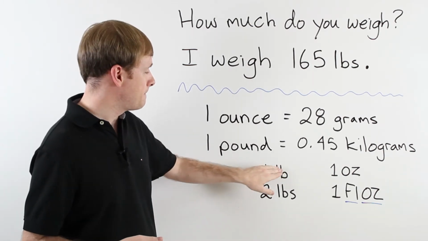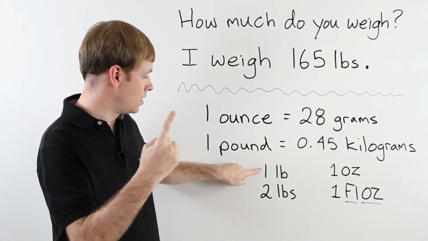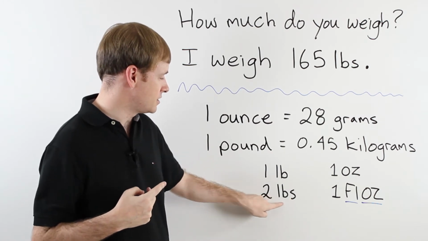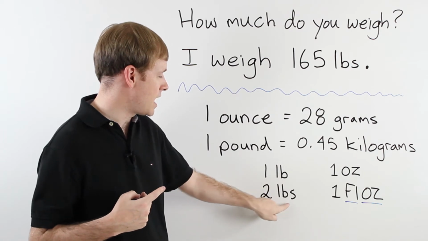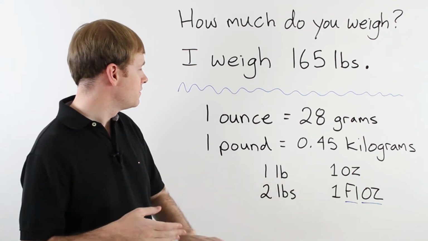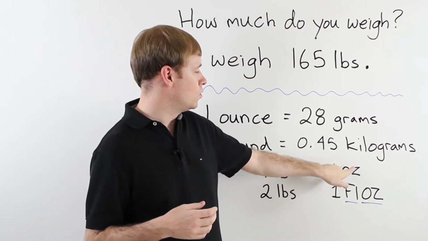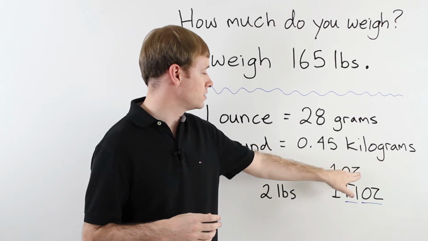So 1 pound. 2, okay, this is single, 1. Now we got 2 pounds. We usually write the S, LBS. 1 pound, 2 pounds.